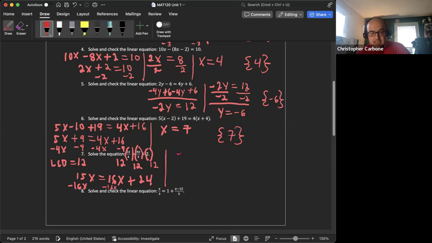So this would make negative x is equal to 24. And then we could multiply by negative 1 to make that negative move over. There we go. So this would make x is equal to negative 24.